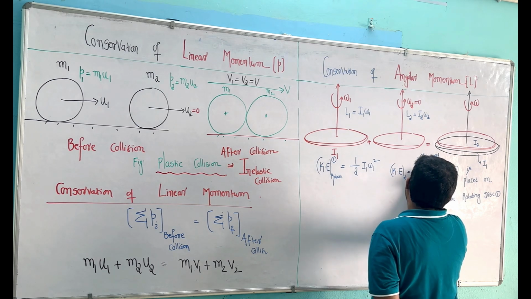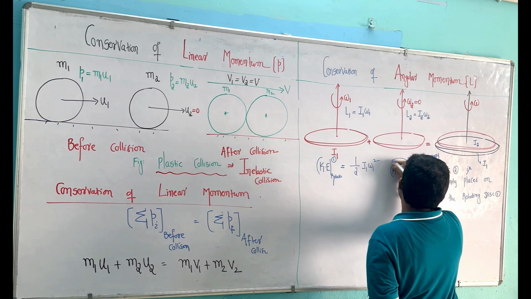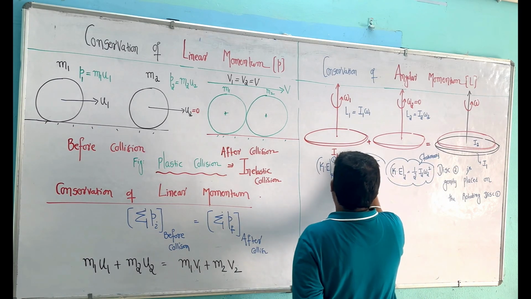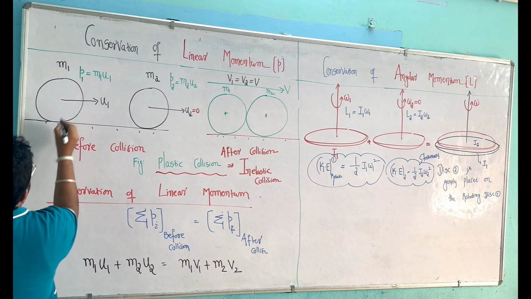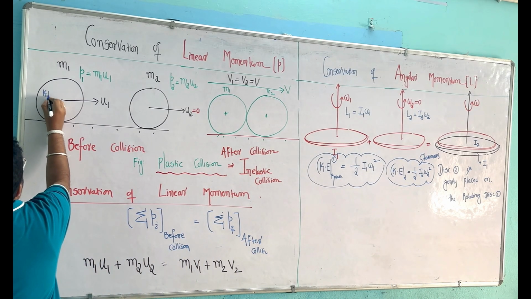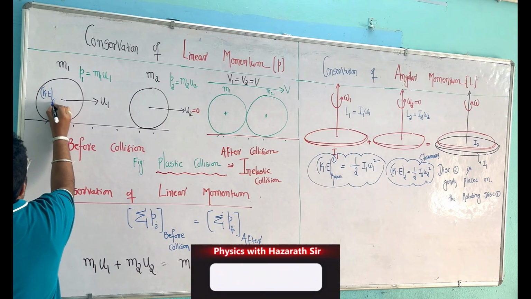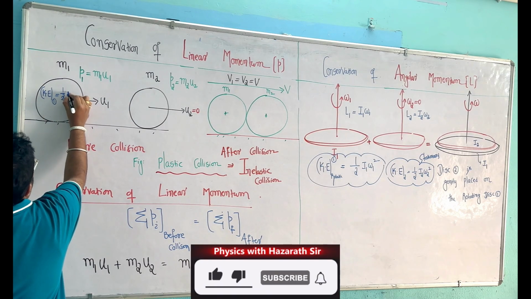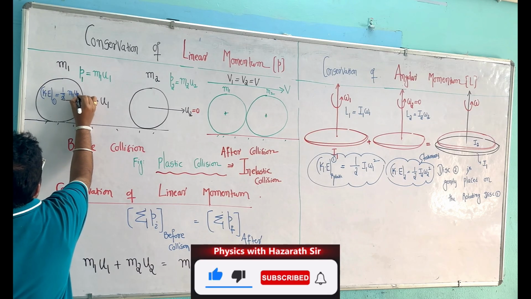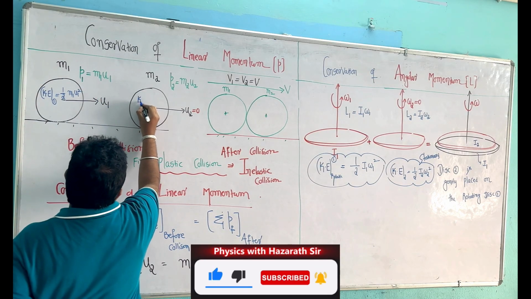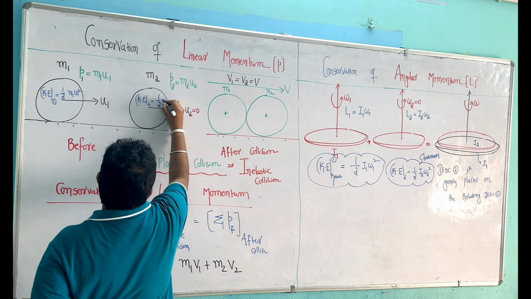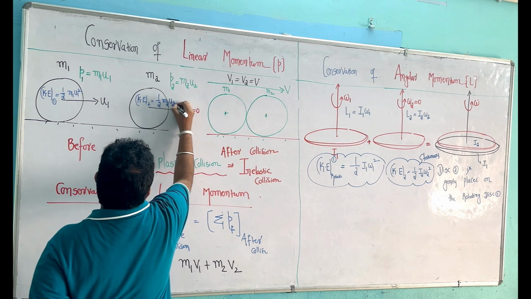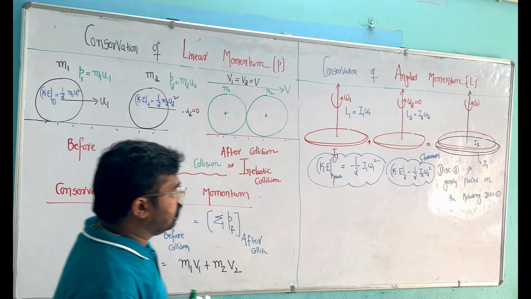Half I2 omega 2 square. What is the kinetic energy 1 here? What is the kinetic energy of the first mass? Half M1 U1 square. What about kinetic energy 2? Kinetic energy 2 equal to half M2 U2 square.